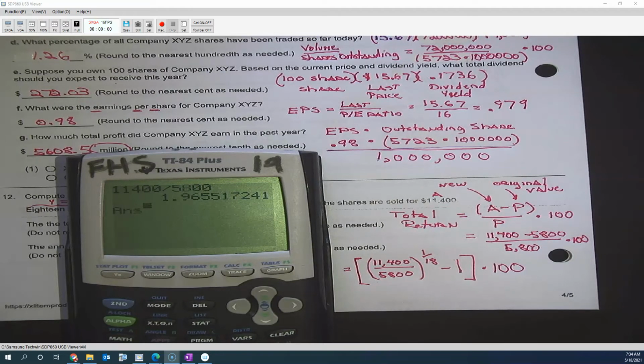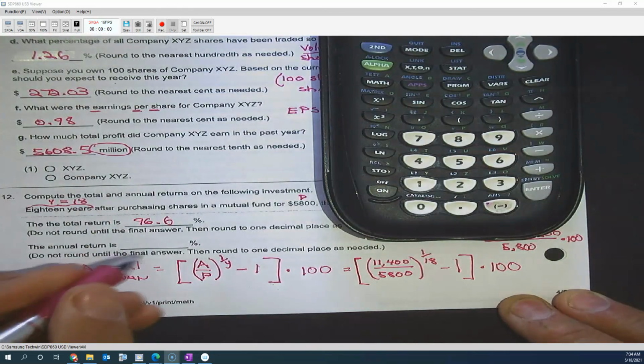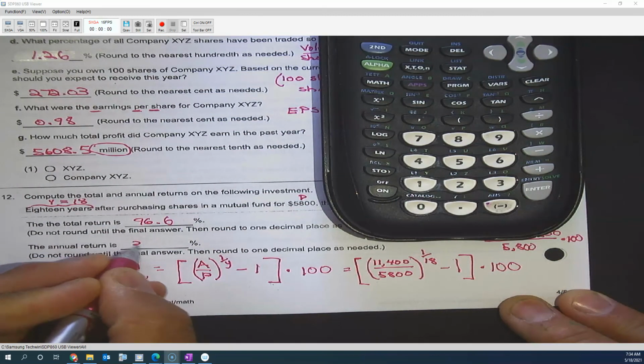Exponent 1 divided by 18. Okay, minus 1 times 100. Okay, 3.8255. Round to the nearest 1 decimal place, so 3.8255.